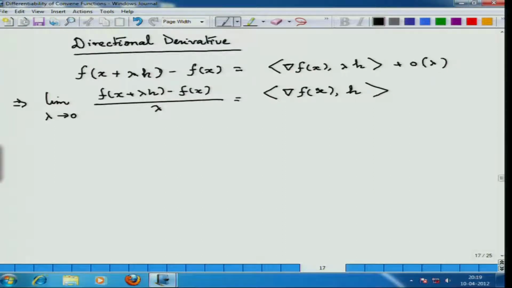Now, here lambda is supposed to go to 0 from both the right hand side and the left hand side. It could be an increment in any direction, does not matter.